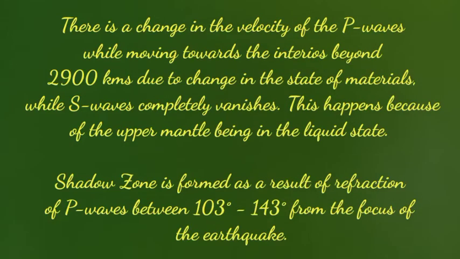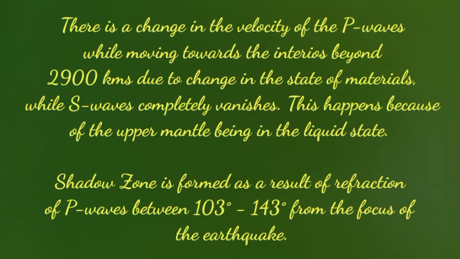But beyond 11,000 kilometers of distance, we find that the S waves disappear and there is a change in the velocity of the P waves. So as the S waves disappear, we can understand that the layers beyond the distance of 11,000 kilometers are metal, acting as liquid.